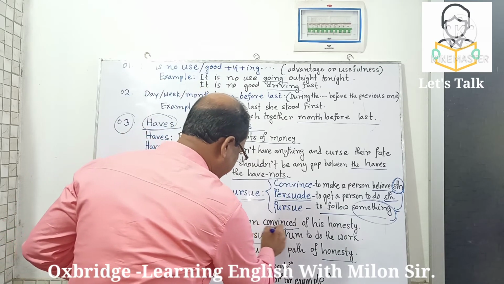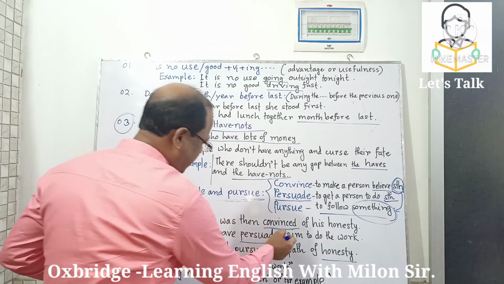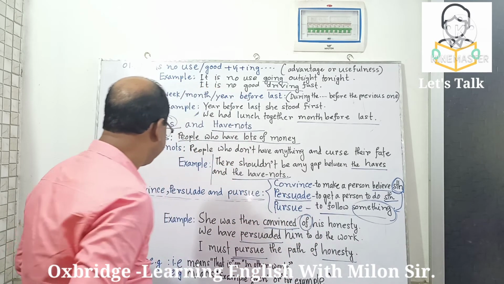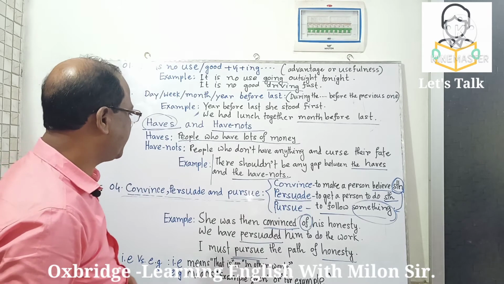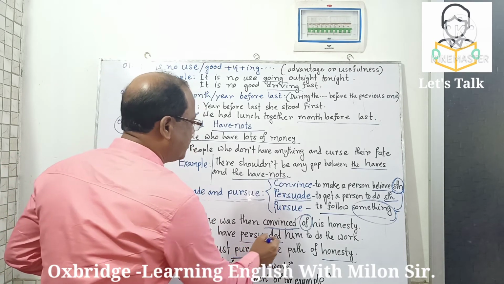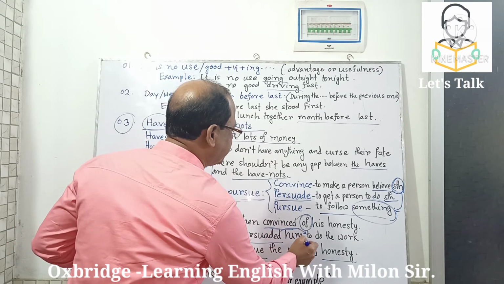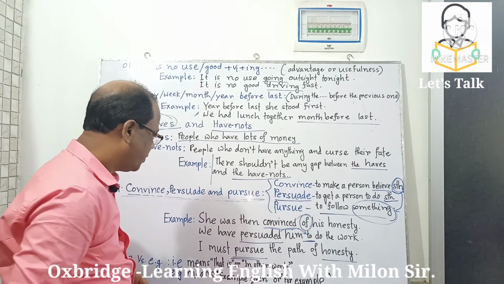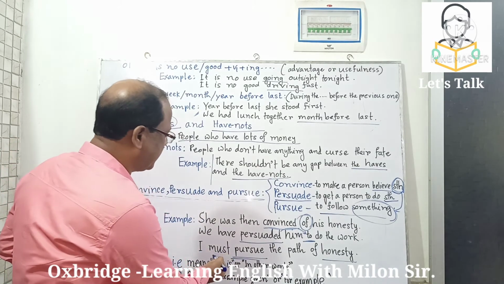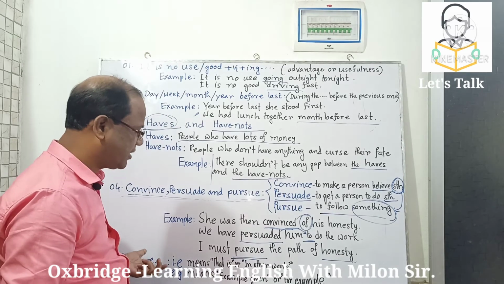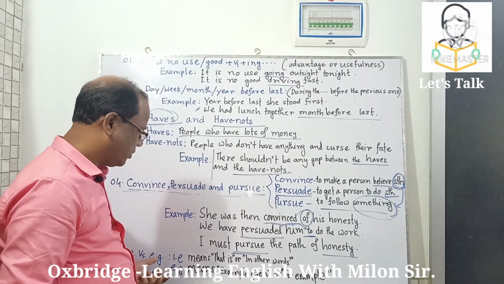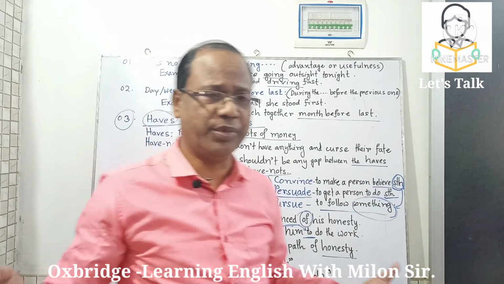After convinced, we must use the preposition of. Our second example: we have persuaded him to do the work. After persuade, we must use the preposition to. And our third example: I must pursue the path of honesty. We must pursue the path of truthfulness.